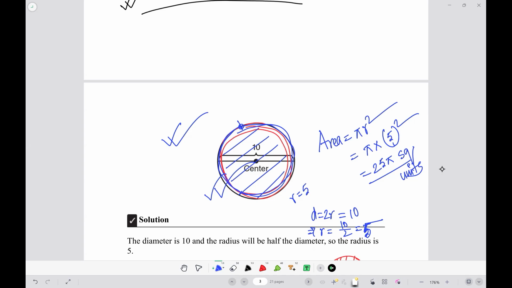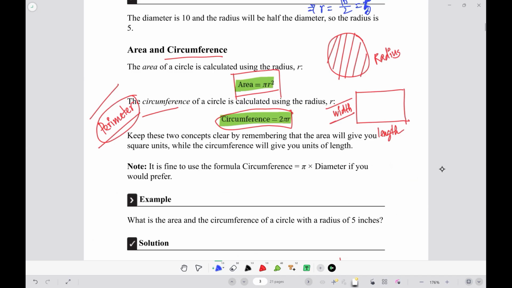For this given circle, the circumference would be twice pi r, 2 pi times 5, that is 10 pi units. Okay, this is it. It's quite simple. We all know about that. It is fine to use the formula circumference equals pi times diameter, if you prefer. Okay, fine. We don't have any issues with that.